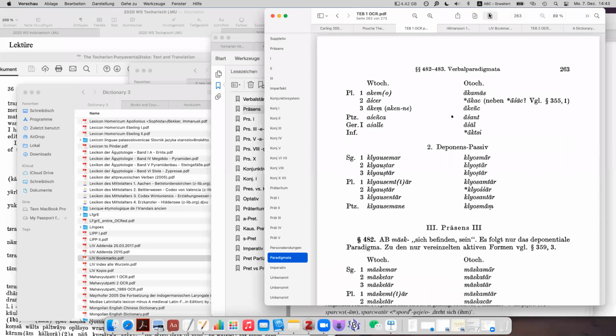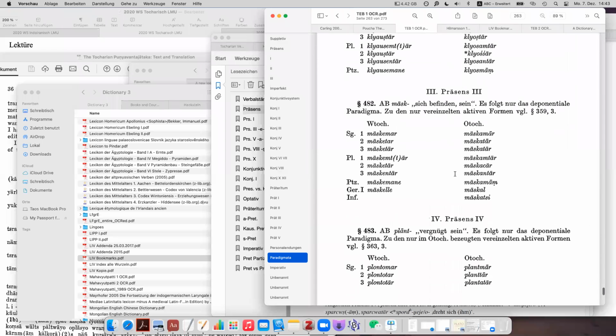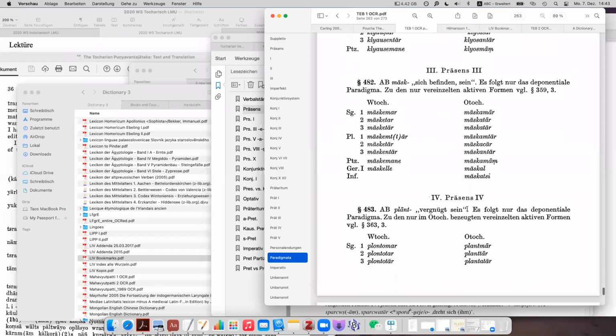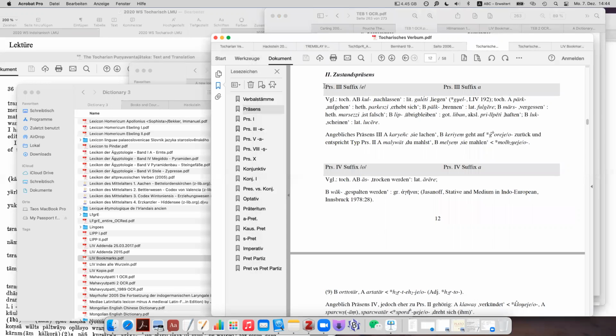You can see present 3 and present 4 are actually deponent. You also have the same terminology in Latin. It means that it's only in the middle. The middle is kind of a state, reflexive. So these two classes can be called Zustand presents, and they have special suffixes.